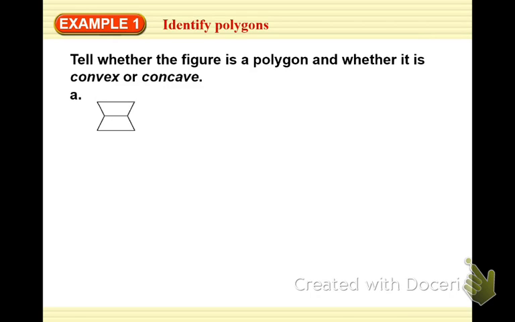Let's identify some of this stuff real quick. Tell whether the figure is a polygon and whether it's convex or concave. That guy right there, does that count as a polygon? Anybody? Quick guess. Yes. No. It's just first thoughts.